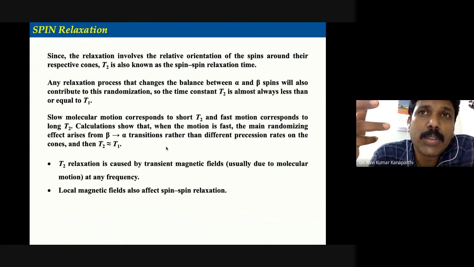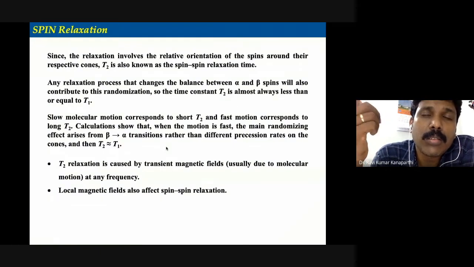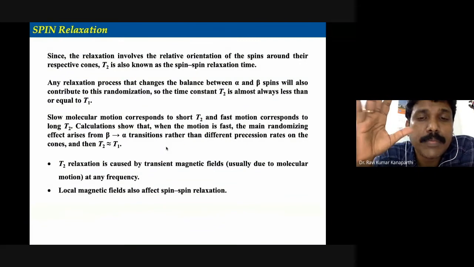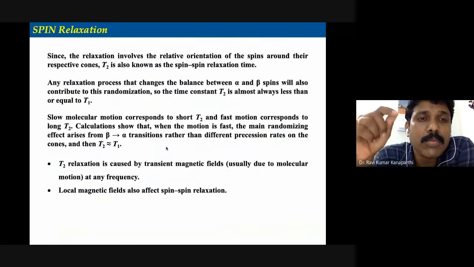Later, once the pulse is stopped, naturally they will try to go back to the original position. That is nothing but the randomization of the individual spins, and they will try to reorient as they were before applying the radio frequency pulse. So try to understand these things. Well, I think there are 2 points here I just now come to know.